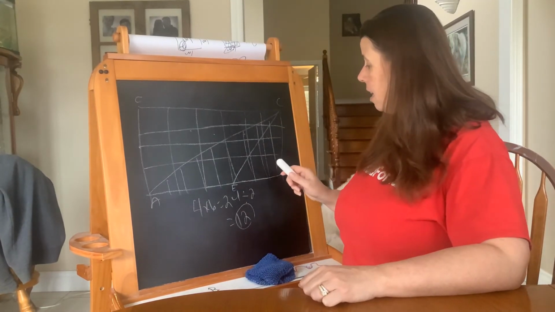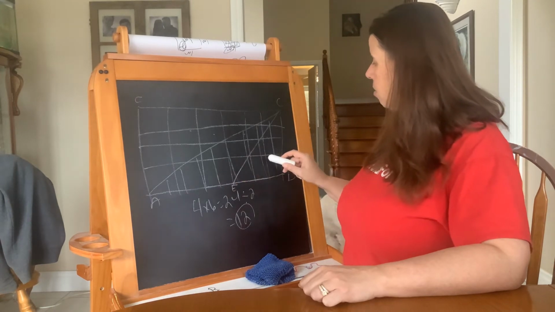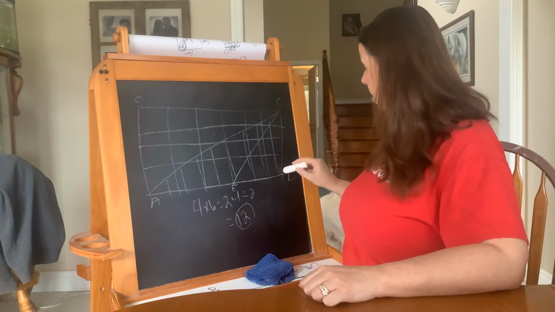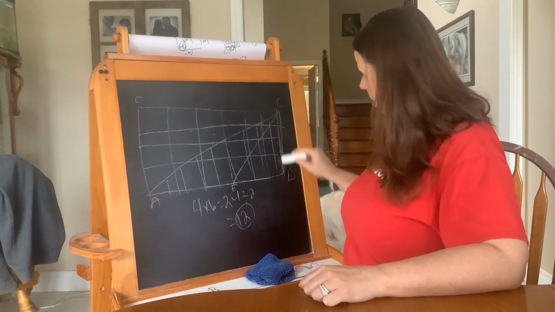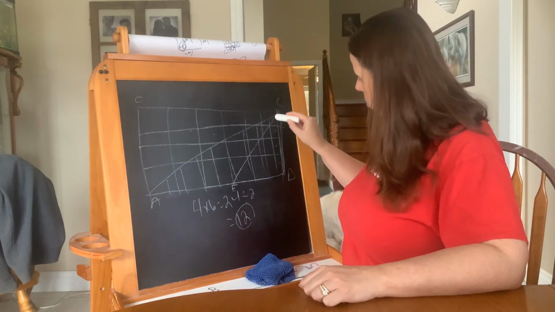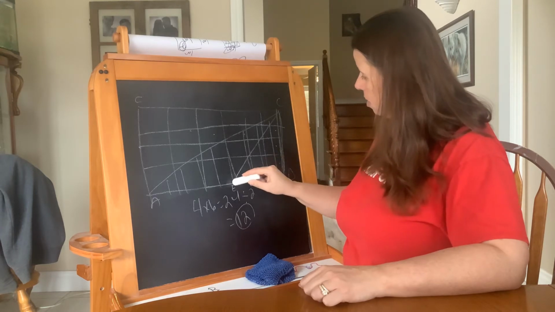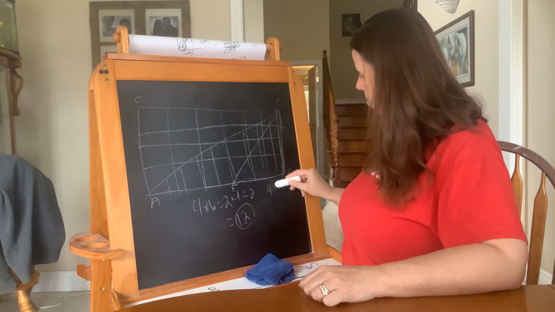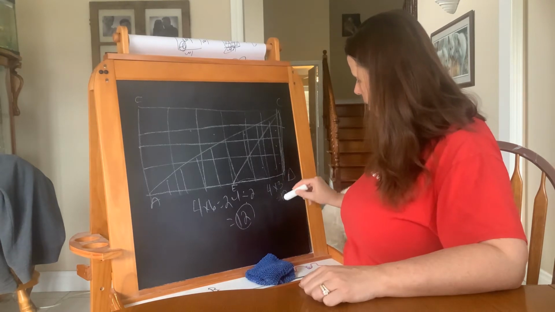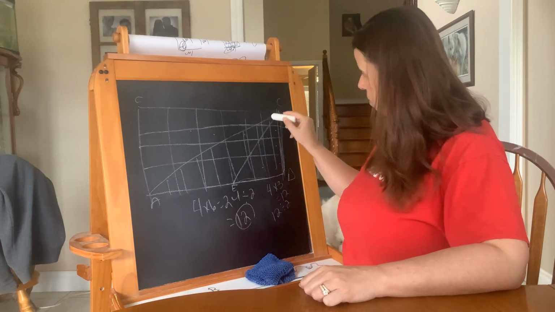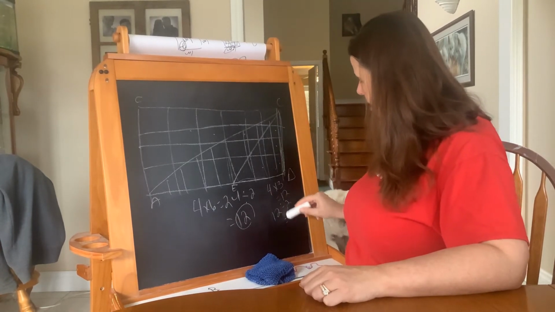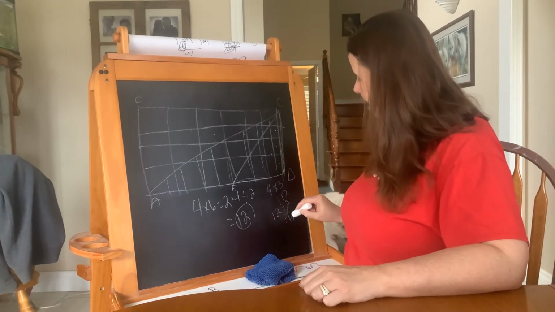So they're saying that if we can figure out what one of these pieces is, which I can, because this is a right angle triangle right here. It's 4 by 3. So that means this piece would be 4 times 3, which is 12, and then 12 divided by 2, because that would be half of the rectangle that it actually is, right? So that means that this piece here is 6.